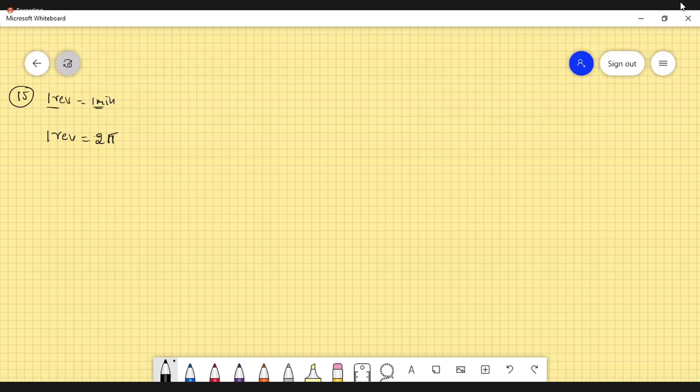How much time does this take? 1 minute, which is 60 seconds. So 2 pi corresponds to 60 seconds.